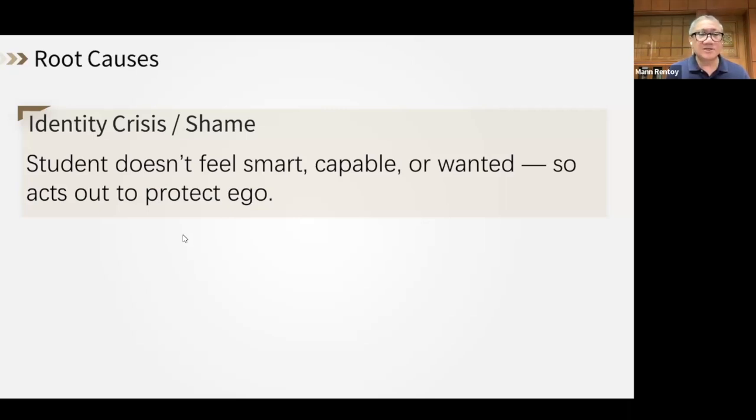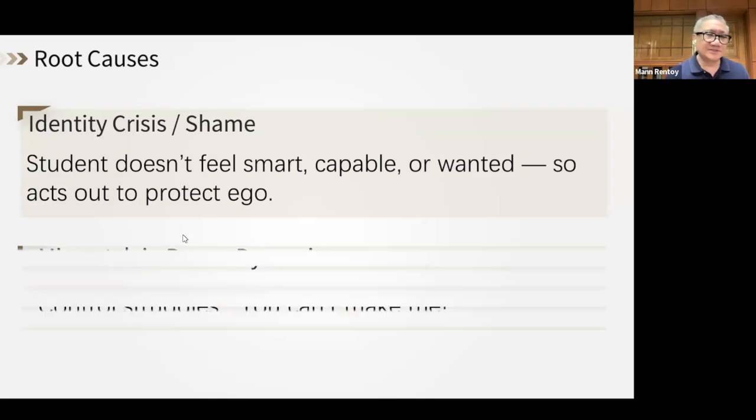So they act out to protect their ego. And then disrespect comes out. It's not the fault of the student that he is still looking for his identity, or that he is grappling with shame, embarrassment, or insecurities. That can also be a cause of disrespect.